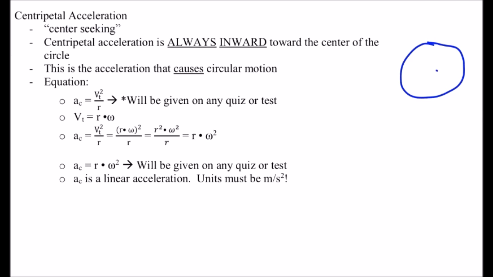So if I have my stopper on a string here, I'm going to have a tangential acceleration that moves off in a straight line this way, okay? I'm going to have a centripetal acceleration that moves in a line this way towards the center of the circle, and I would have an angular acceleration, alpha, that's following the path of the curve there.